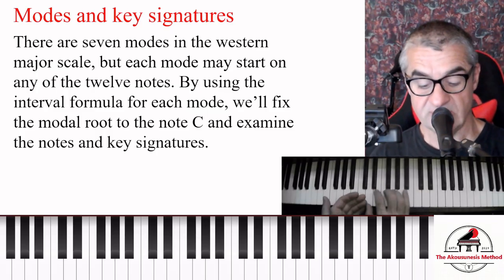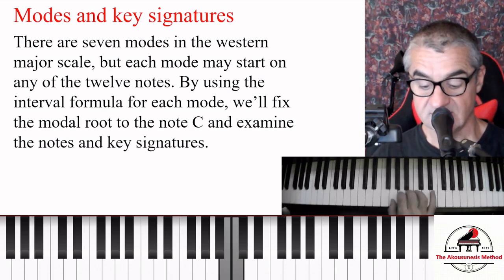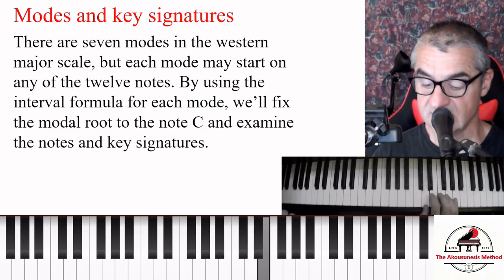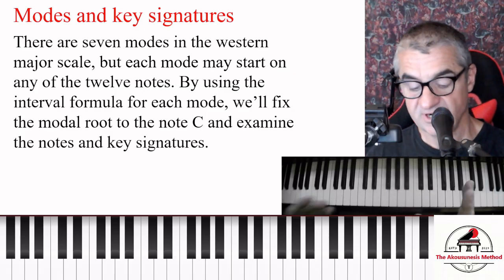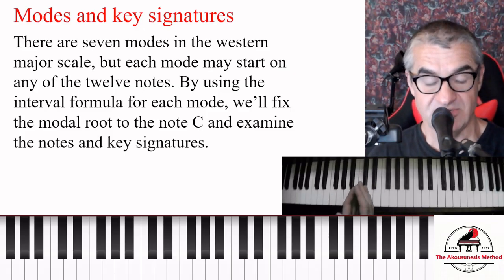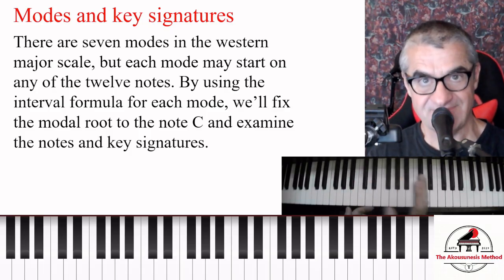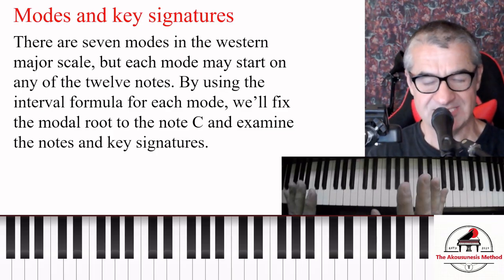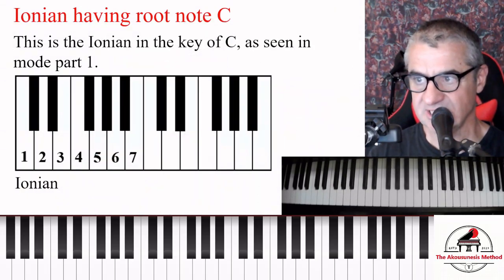The same with the Dorian: Dorian in C, Dorian in G, and so forth. Each one of the 7 modes has 12 versions, with the same formula starting on any of the 12 notes. I hope that made some sense, but we're going to look into more detail.